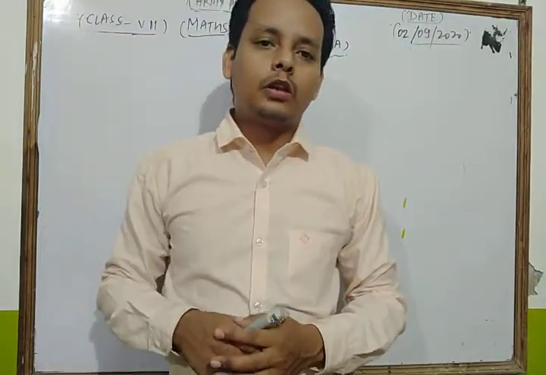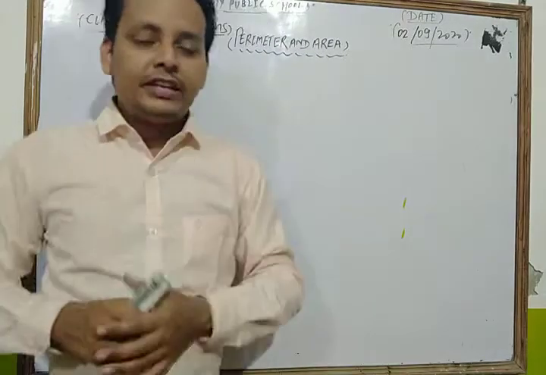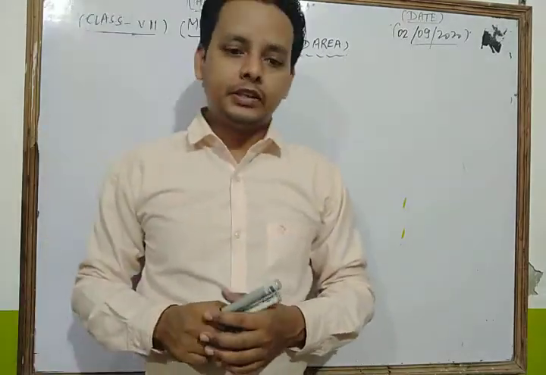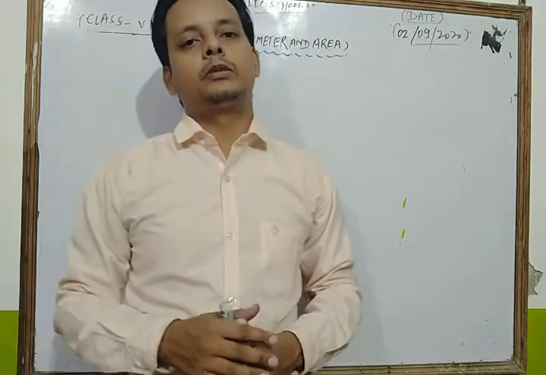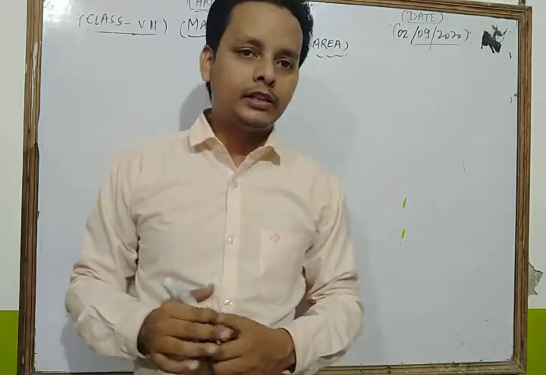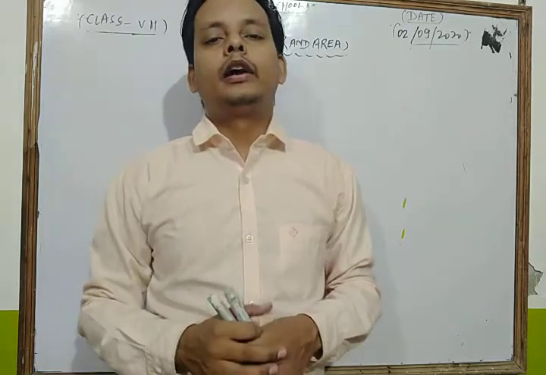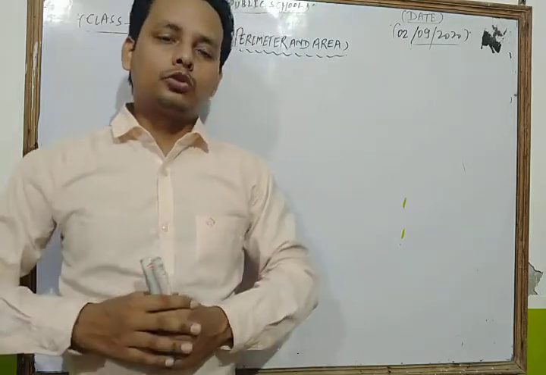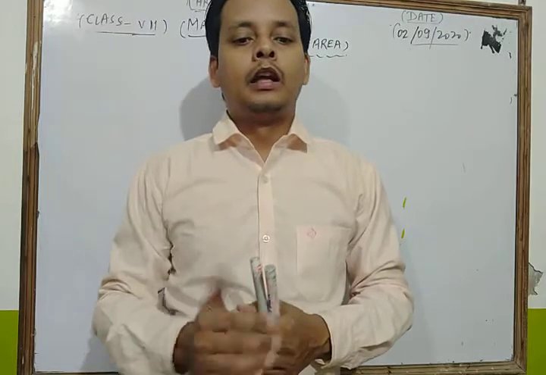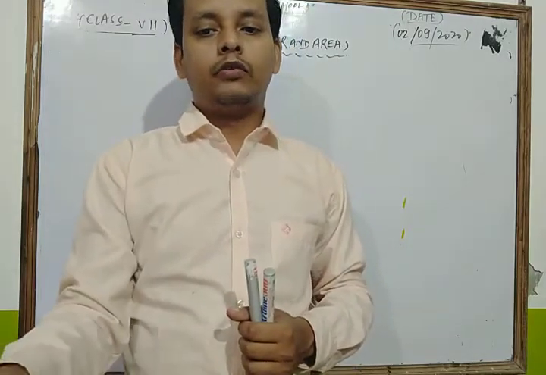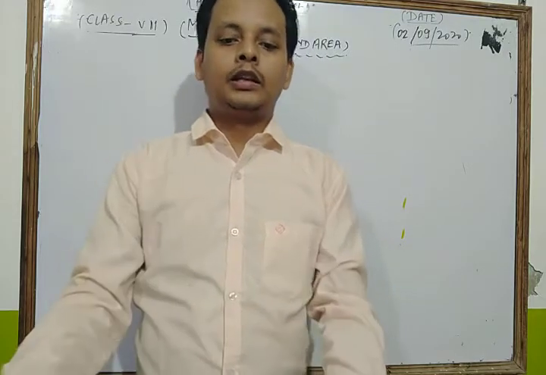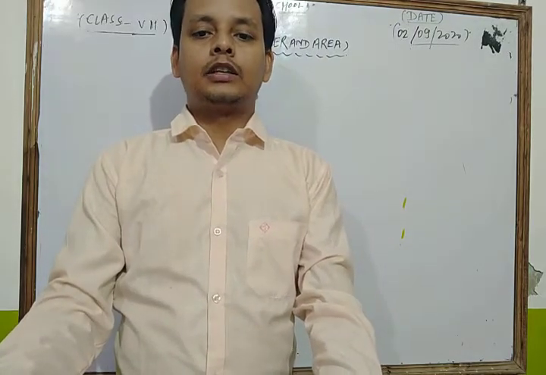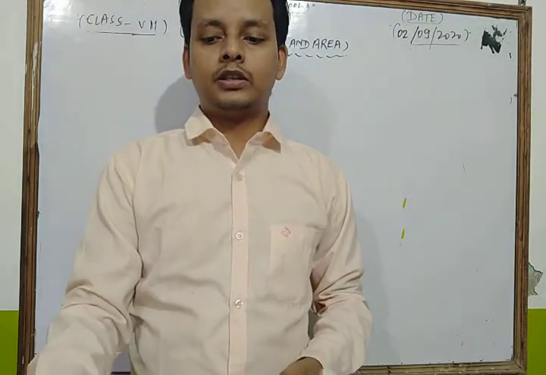Dear students, in the previous class we discussed the chapter Perimeter and Area, and in that chapter we discussed the area and circumference of a circle. We solved some questions based on that topic. In the previous class we took up exercise 11.3 and solved some important questions of your NCERT exercise.